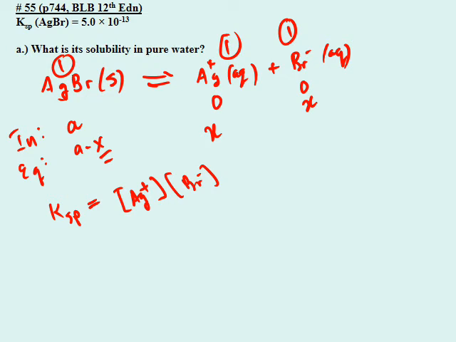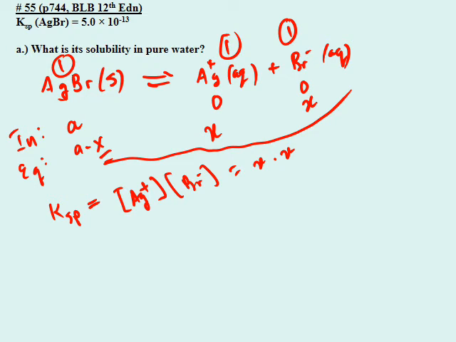Now I can write it in terms of X. This is going to be X times X. And on the bottom, we ignore the silver bromide solid, because it's a solid. So basically KSP equals X squared.